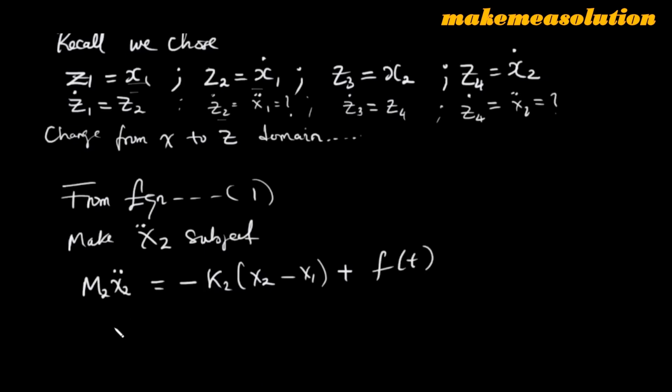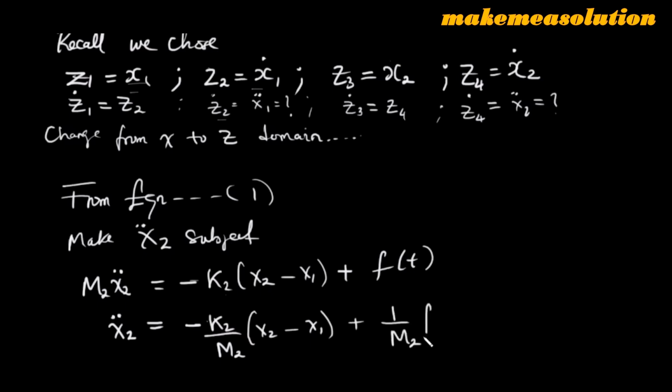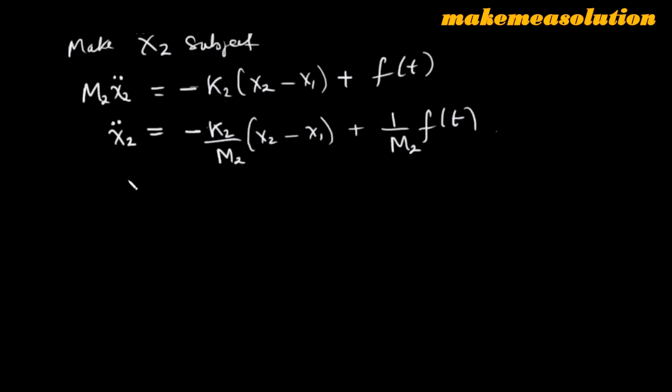If you divide through by m2, x2 double dot is actually going to be minus k2 over m2 into x2 minus x1, plus 1 over m2 f of t, like this.